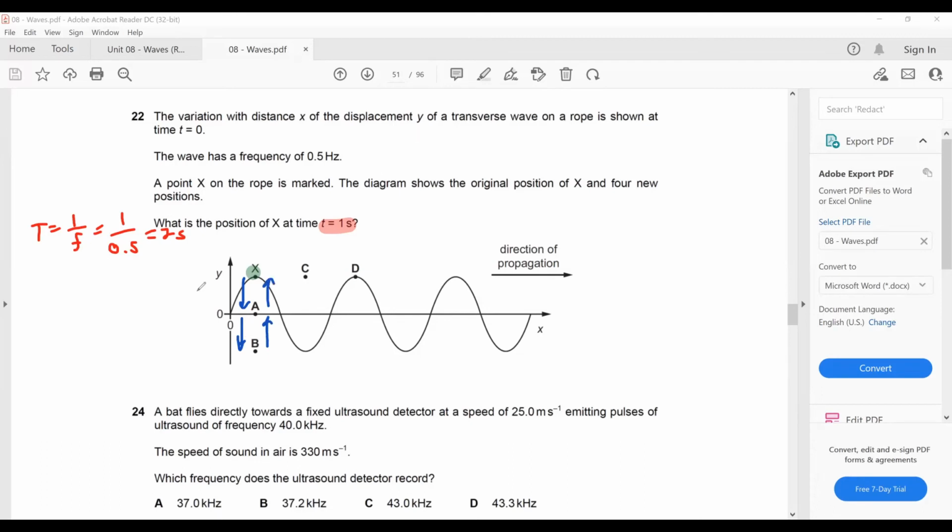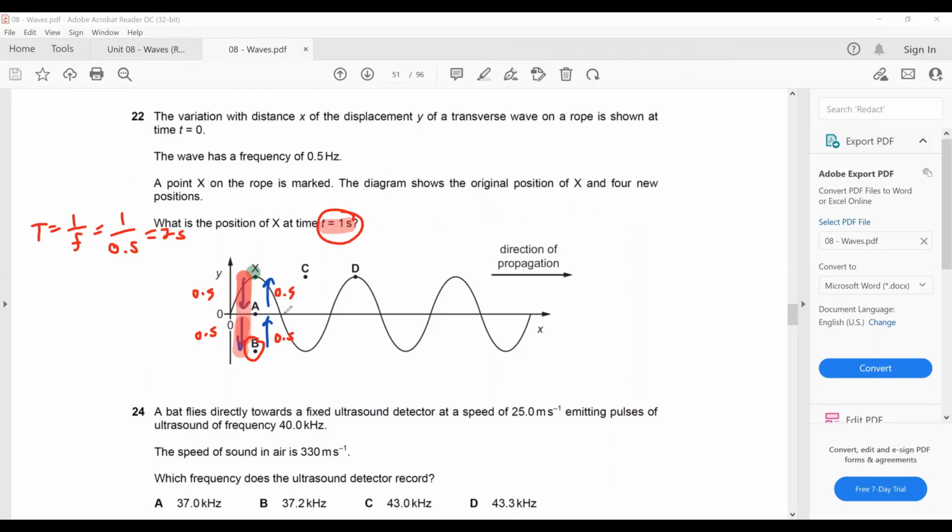So this one will be 0.5, 0.5, 0.5, and 0.5. So if they want t equals 1 second, you will be going here and here, like this. So your answer for this question, what's the position of particle X? It will be at B.